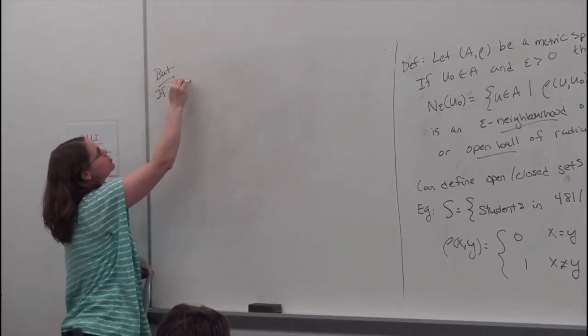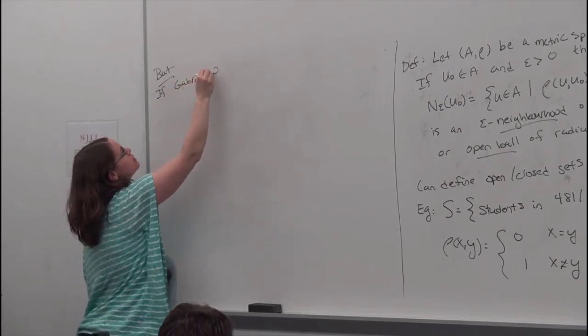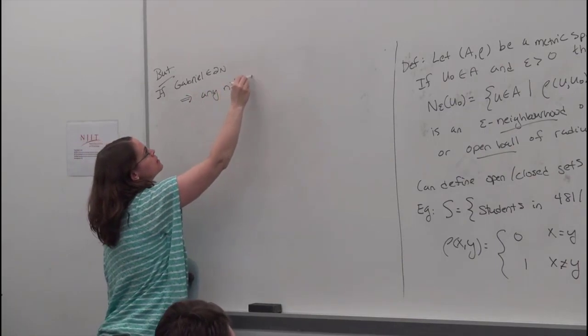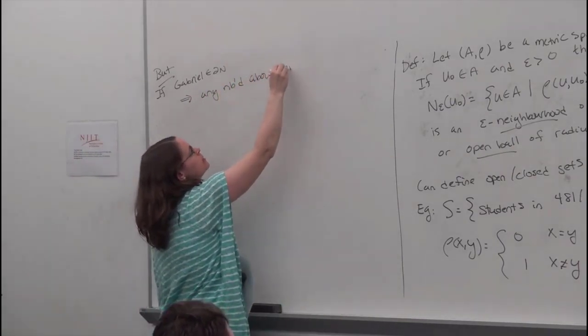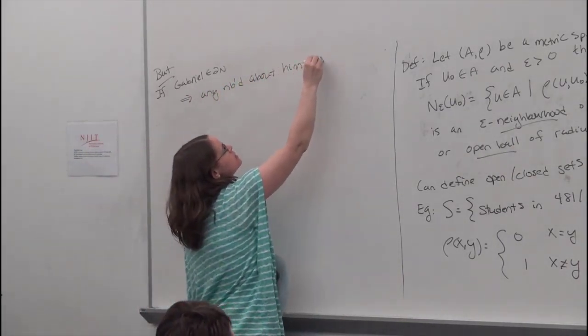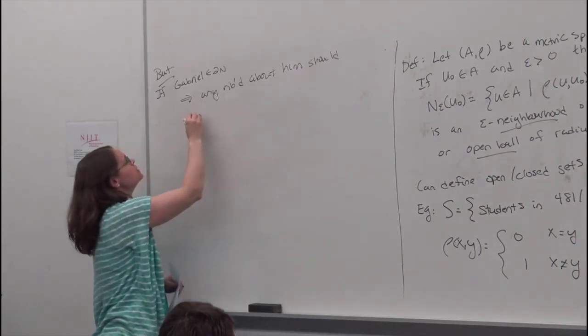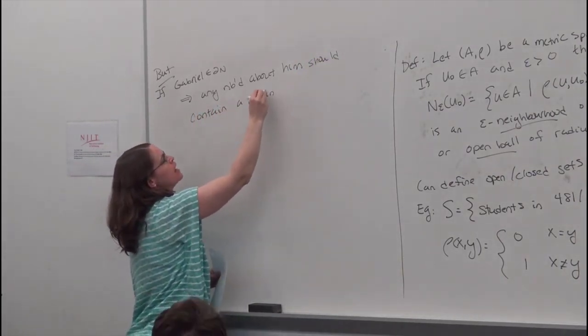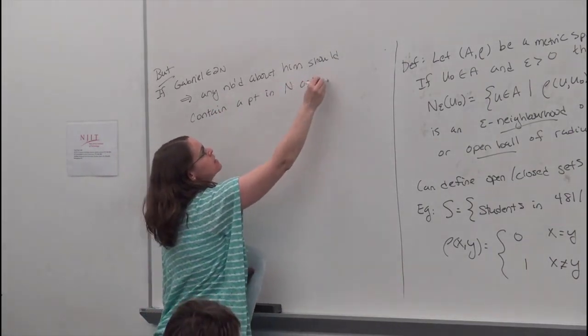If Gabriel's in the boundary, then any neighborhood about him should contain a point in N and in N complement.